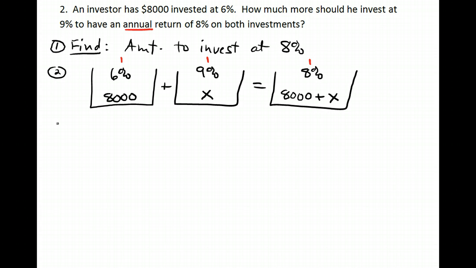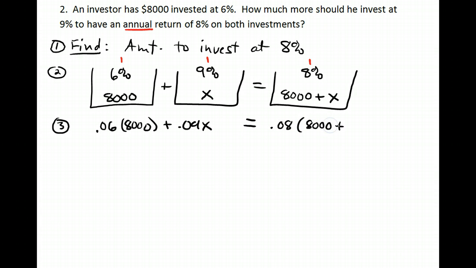Okay, there's my equation, and I just need to do my bucket problem. I have 0.06 times 8,000 plus 0.09 times X equals 0.08 times (8,000 plus X), and I will solve it.